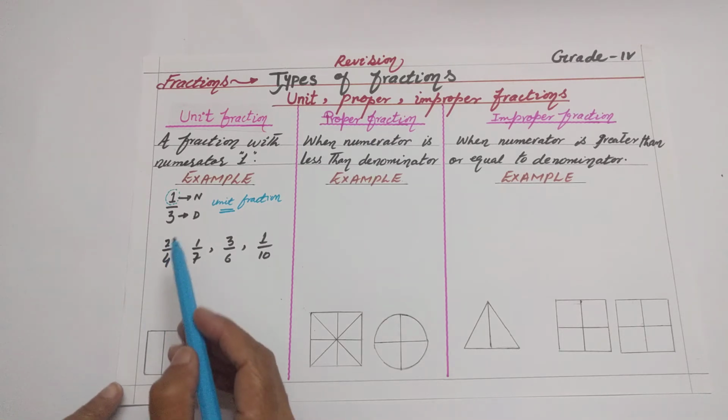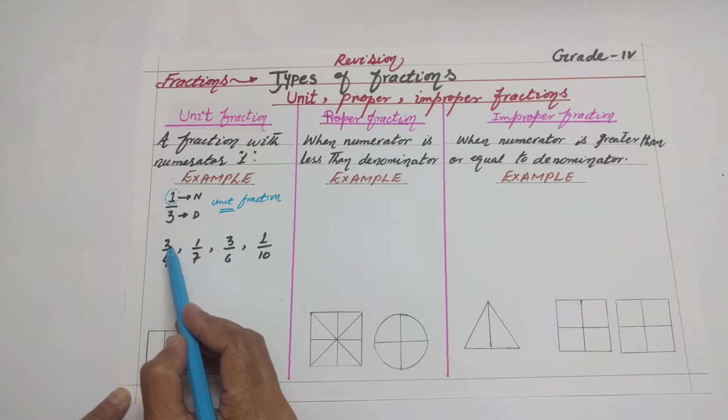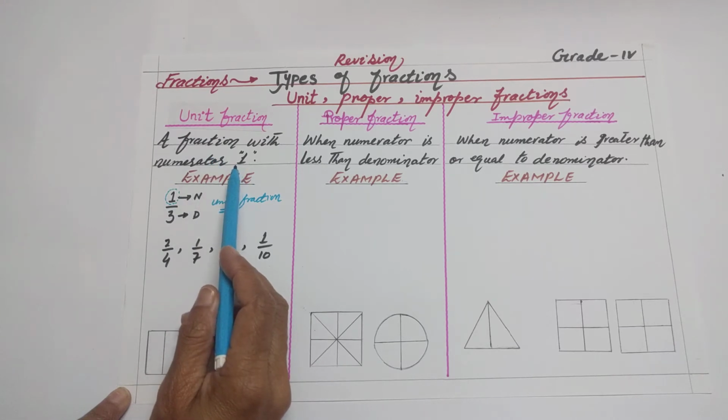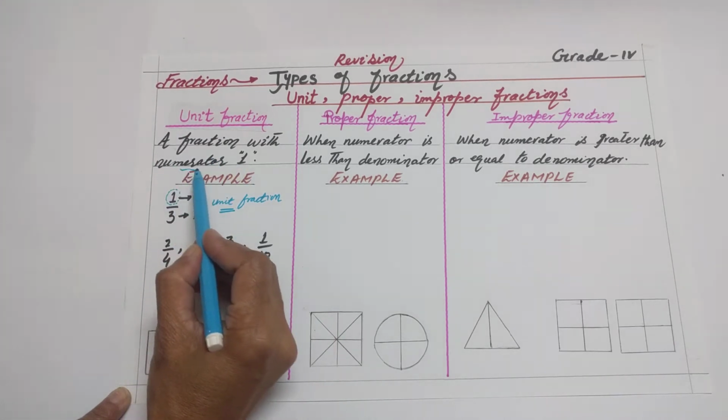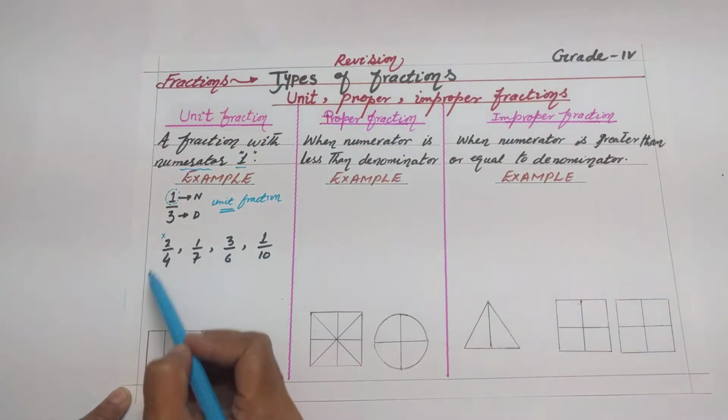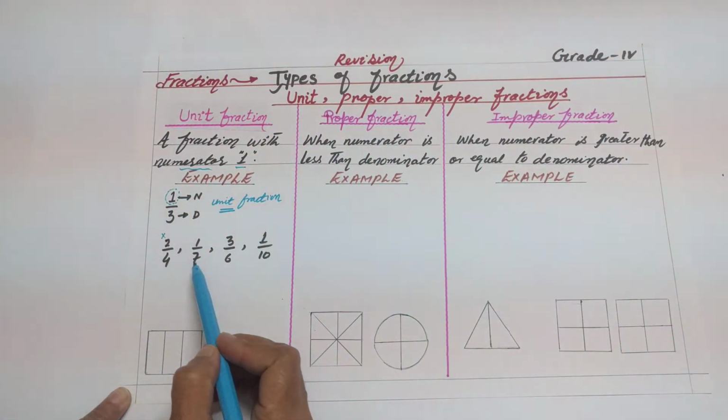In this fraction, as the numerator is 2, it's not the unit fraction. What is unit fraction? When the numerator is 1. Here the numerator is 2, that's why this is not the unit fraction. Come to the next one, 1 by 7. 1 is the numerator, 7 is the denominator.